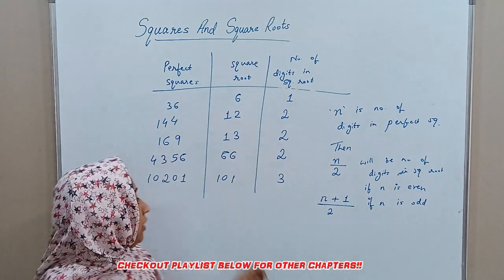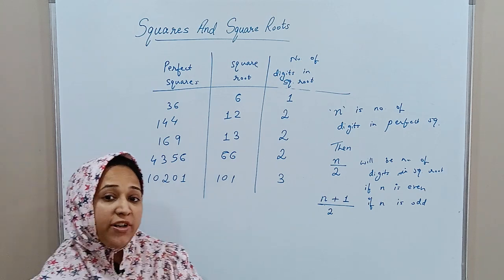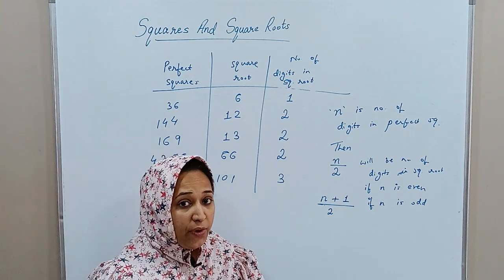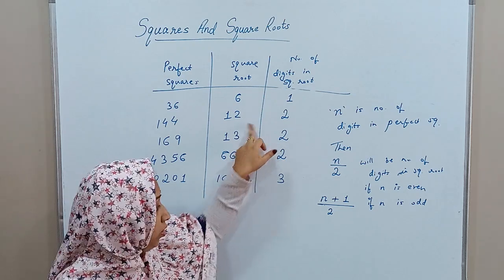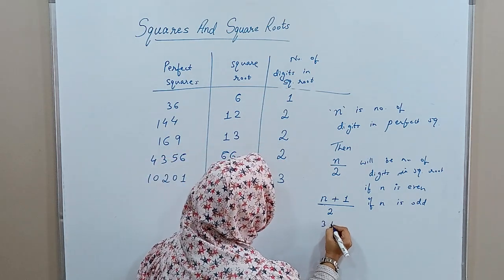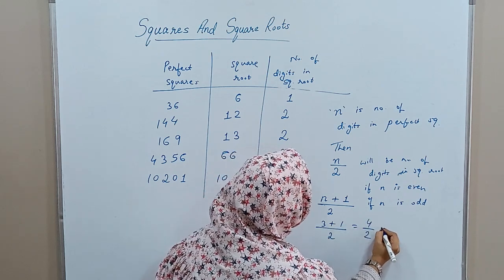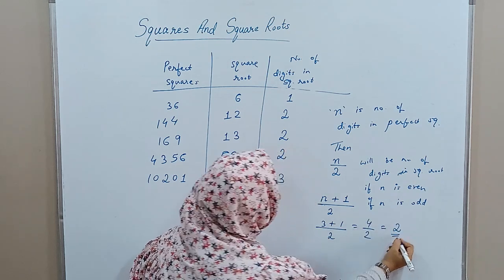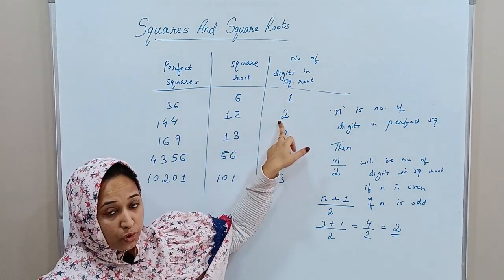Okay, so in the second case 144, which has 3 digits, a perfect square having odd number of digits, then to find the number of digits in its square root, we will have to apply this formula. So this will be 3 plus 1 by 2, that will be equal to 4 by 2, that is equal to 2. So in the second case, we can see that number of digits is equal to 2.